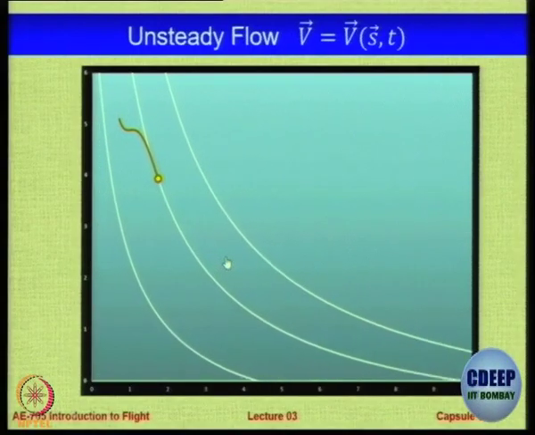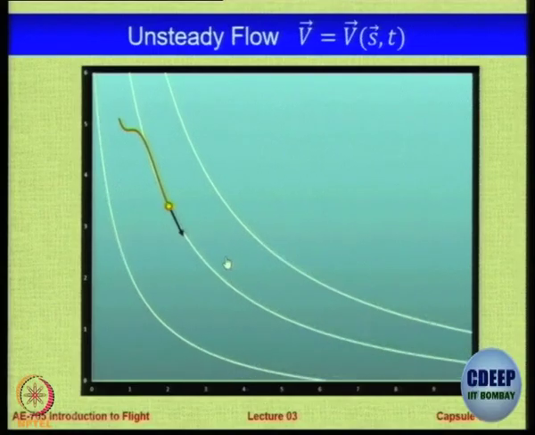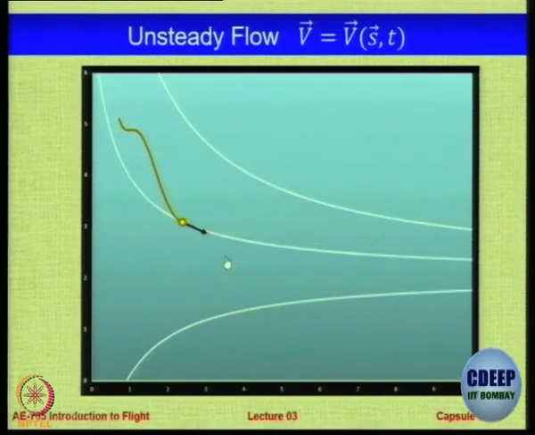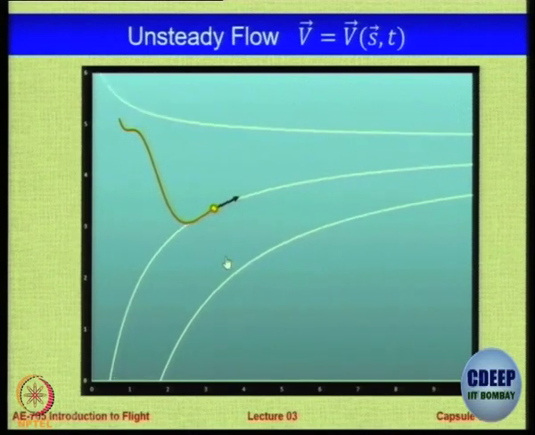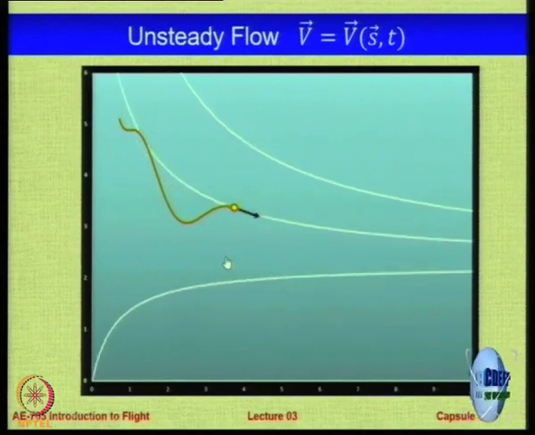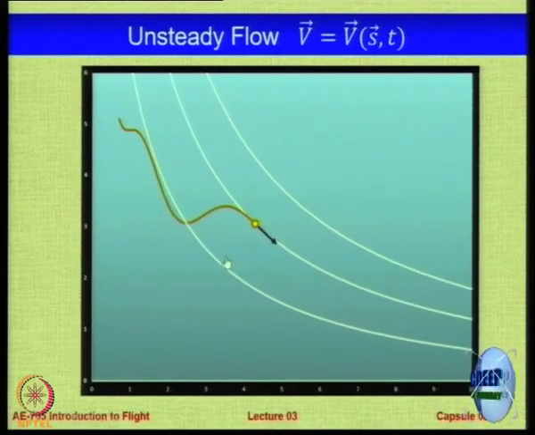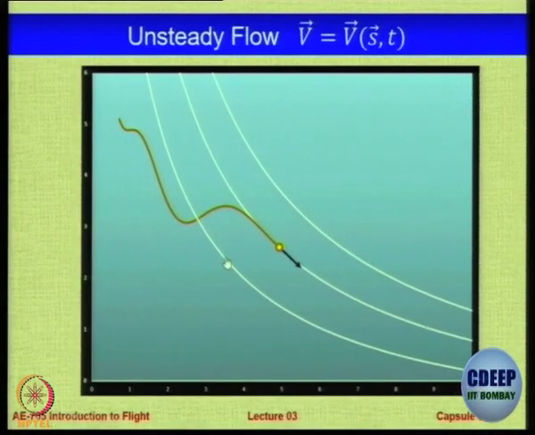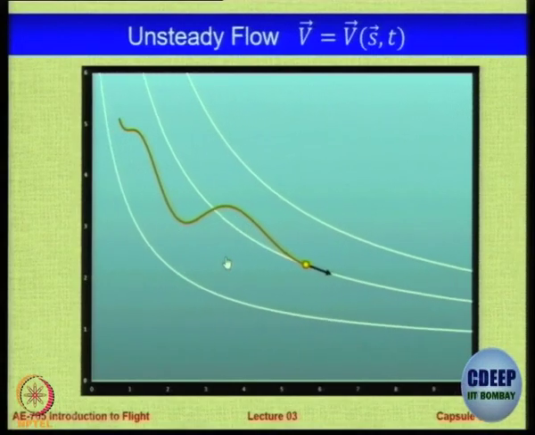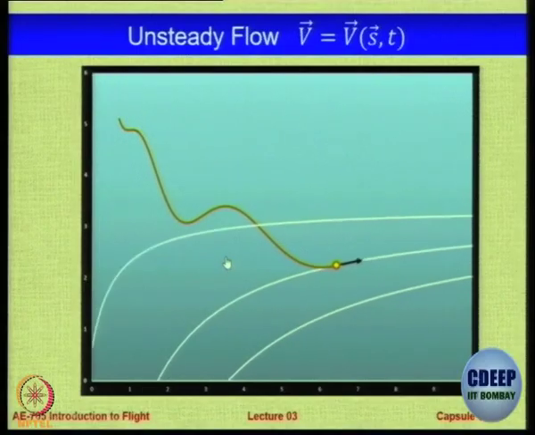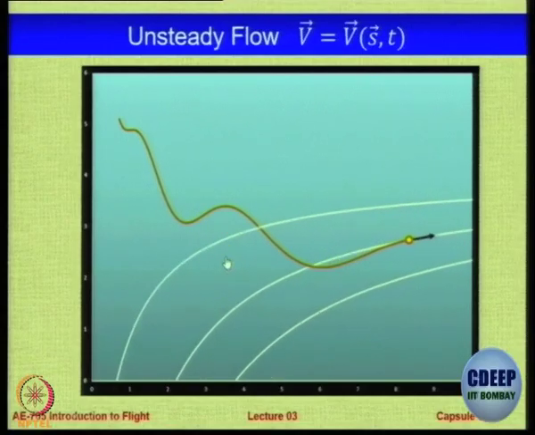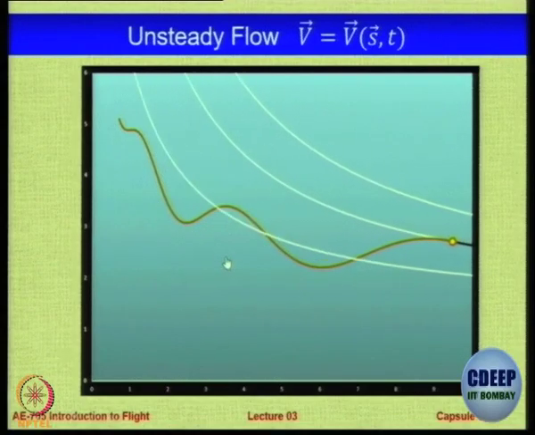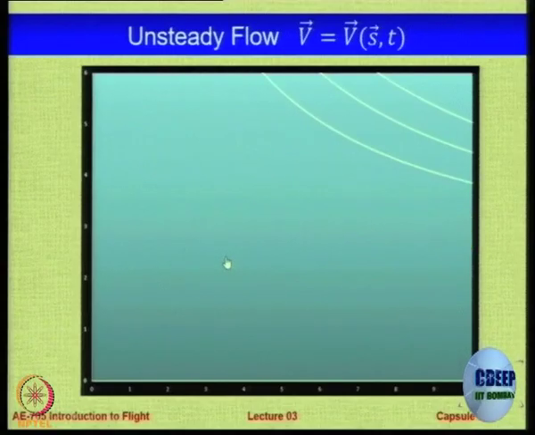You might think that they are changing with the particle. No, if you actually focus only at one place in space, you will find that the streamlines sometimes go through, sometimes don't go through it. So the particle is actually following its own path, but the streamlines are changing with time because the flow is not steady, it is unsteady.